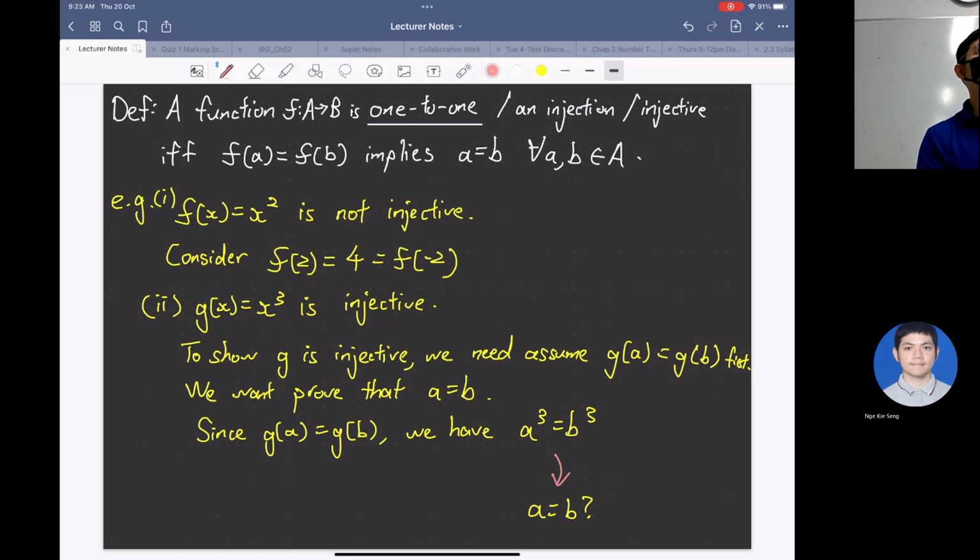Any try before I say something else? Contrapositive. So you mean we can first assume that a isn't equal to b, and then I don't know. So if a is not equal to b, why is a cube not equal to b cube?